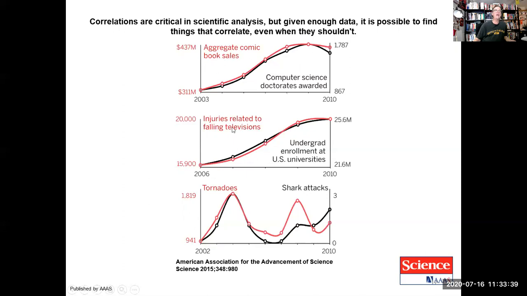Okay. Injuries relating to falling televisions are correlated with undergraduate enrollment at U.S. universities. Now, I have found one student who said they decided to go to college after a television fell on them, but only one in all this time. What's happening here? Televisions are getting bigger over time. Population's getting bigger, more people going to school.